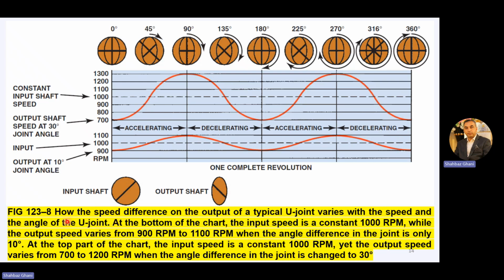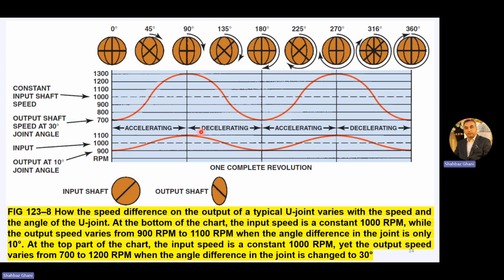Now, first let's see how the speed difference on the output of a typical U-joint varies with the speed and angle of the U-joint. We are talking about the bottom portion of this chart. From here to here is one complete revolution, 360 degrees. The input shaft is moving at 1000 RPM and the output yoke has an angle of 10 degrees.